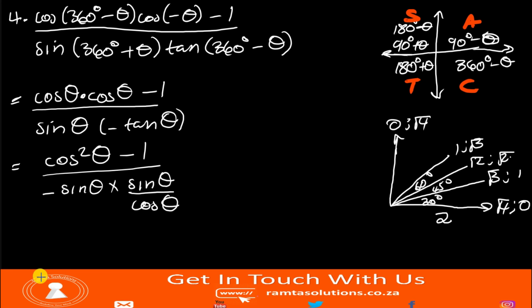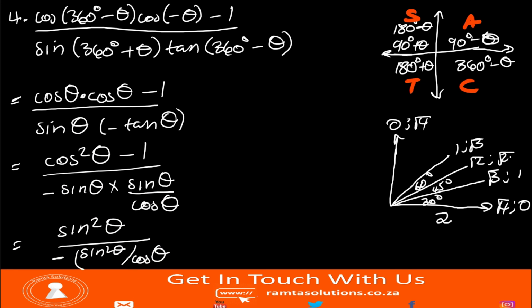But it's okay. Do not worry. What we know is that cos squared theta minus 1 is basically sine squared theta. Again, what you are seeing here is negative sine times sine, which is sine squared theta over cos theta.